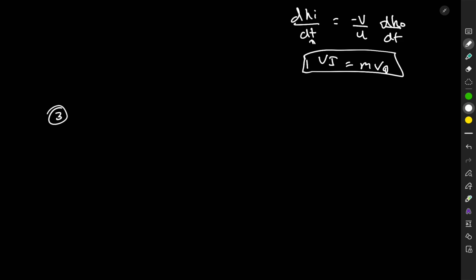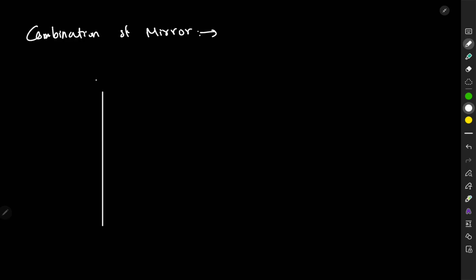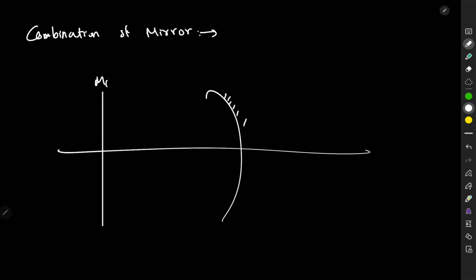next we will be seeing a topic called combination of mirror. So what is a combination of mirror? For example, this is mirror 1 and this is mirror 2.